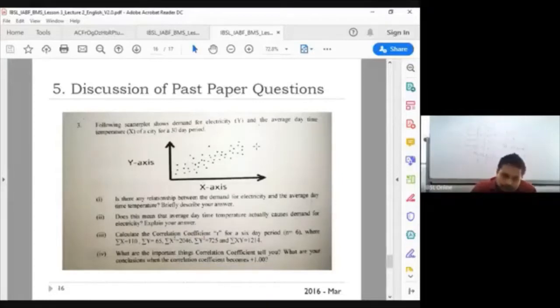Second question: does this mean that average daytime temperature actually causes the demand for electricity? Explain your answer. Now, this is where you have to be careful and creative. In a practical sense, when you just take two variables, you may see a correlation.